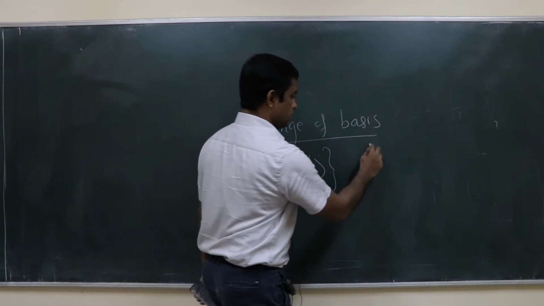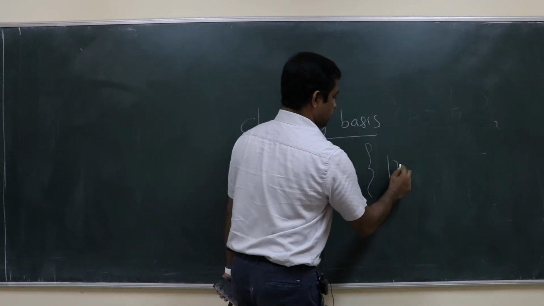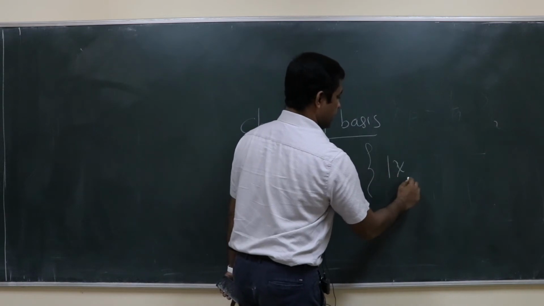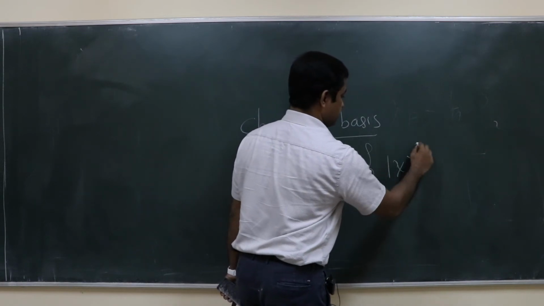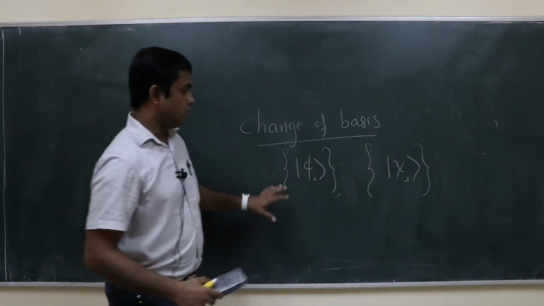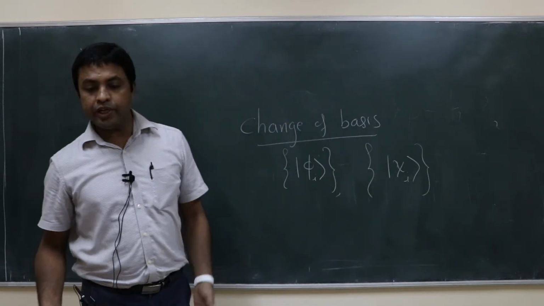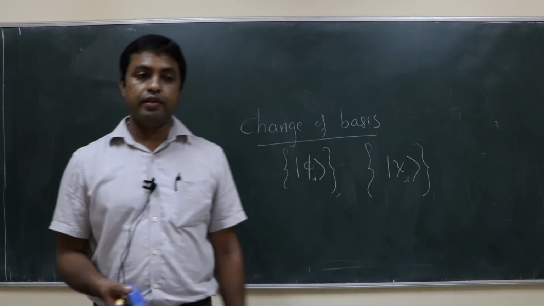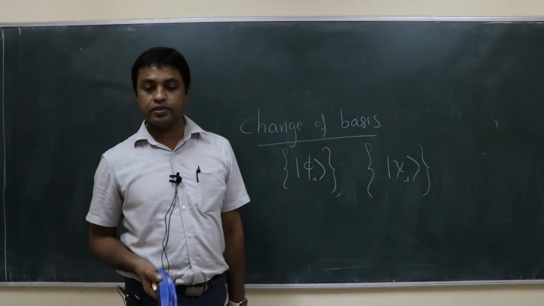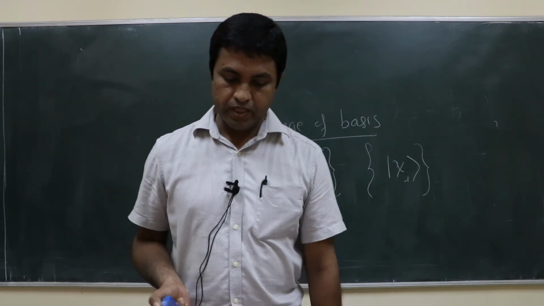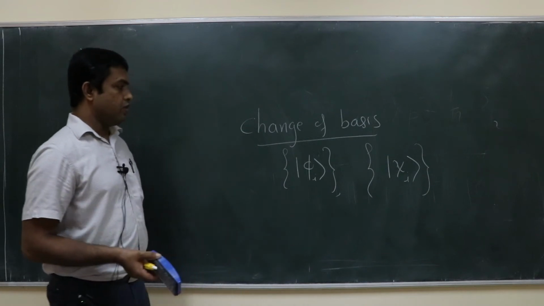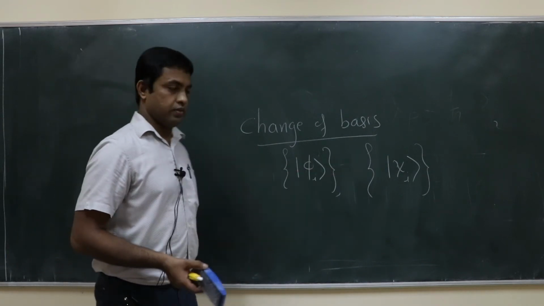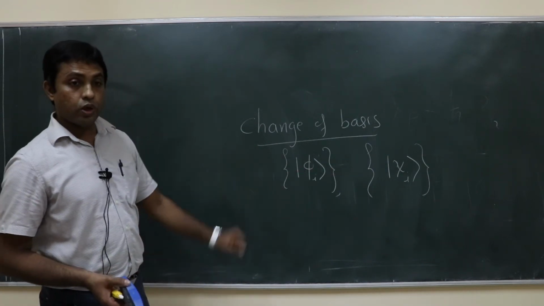The other one is the set chi i's. How many basis sets can you have in a given linear vector space? How many are possible? Infinite number. Okay, so now I am just giving you two bases, and they are orthonormal bases.